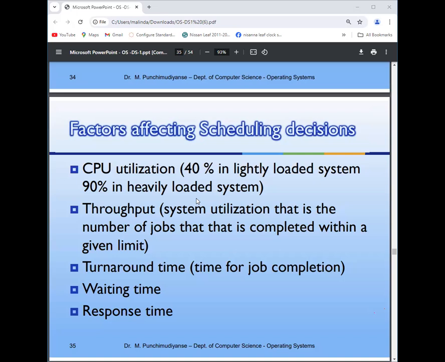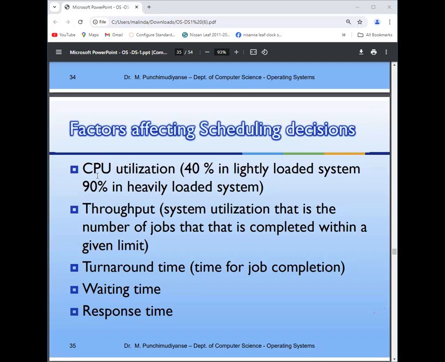So when it is highly loaded, around 90%, the users will feel that the system has slowed down, because there are so many processes running, and the response time for the user will be less. The tasks you give will be waiting without actually running. So that's a highly loaded system.